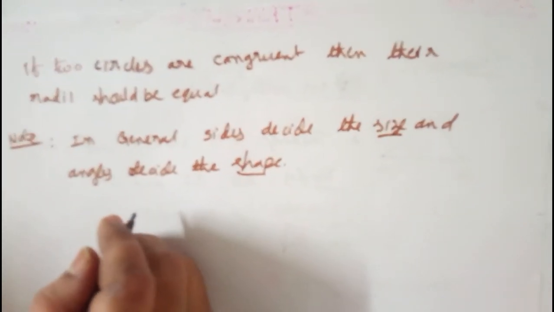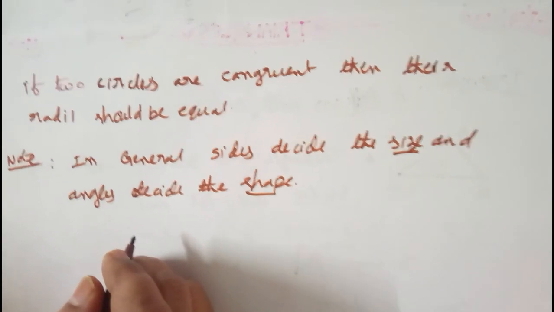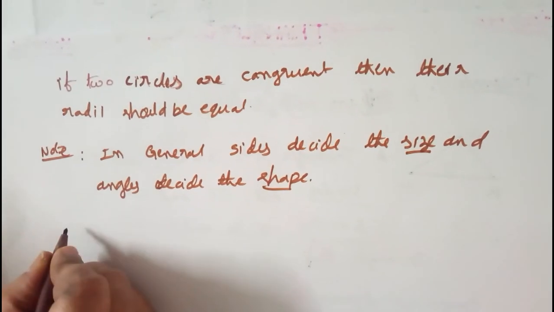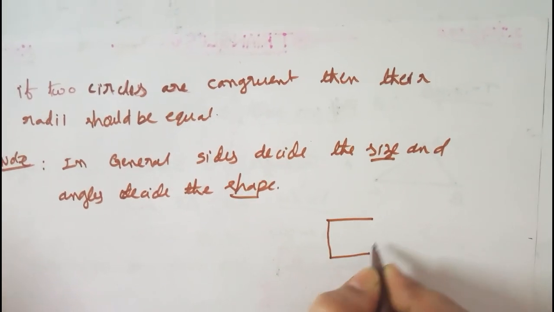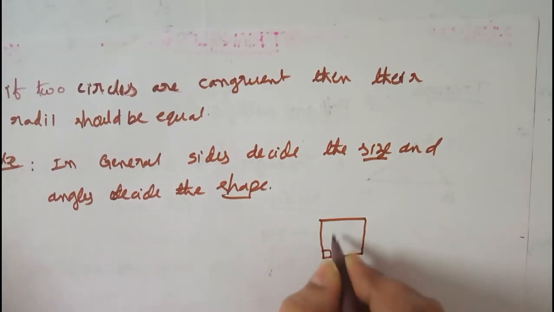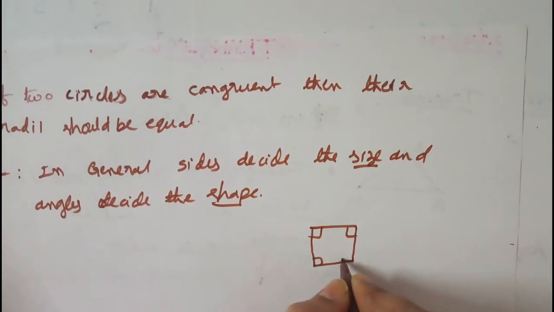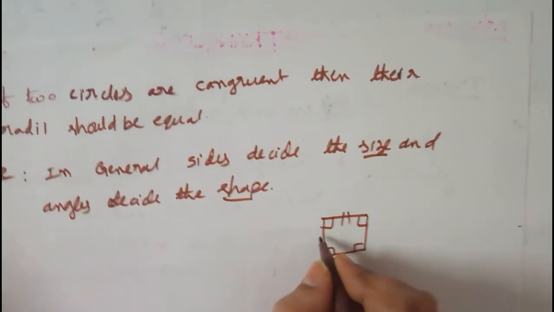In a square, what is the angle? In a square, each angle is 90 degrees, and all sides are equal.